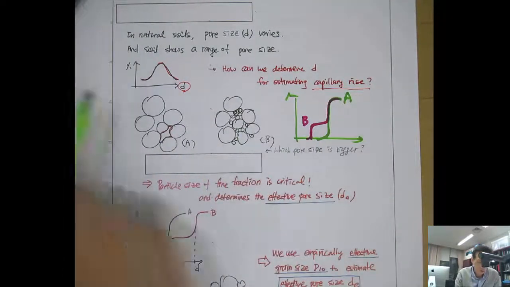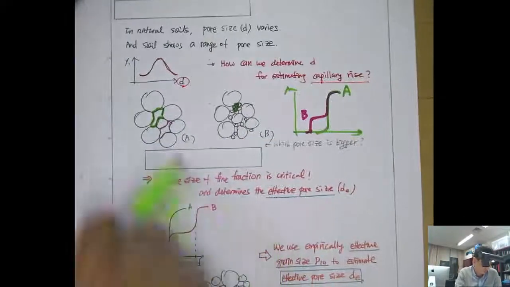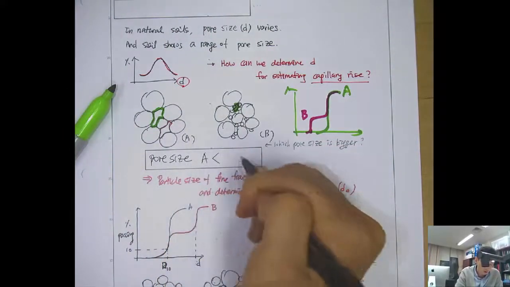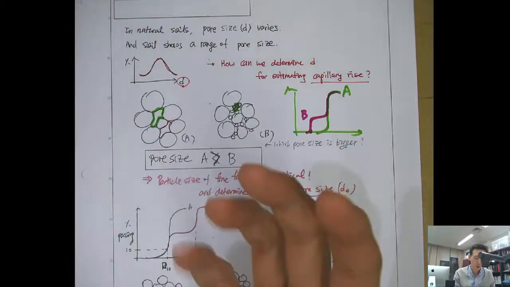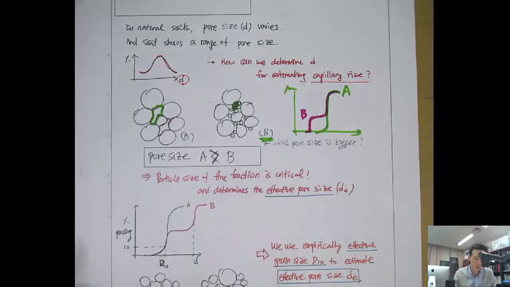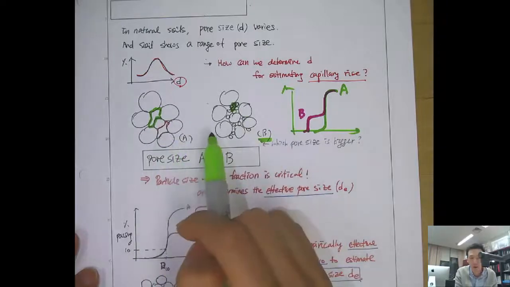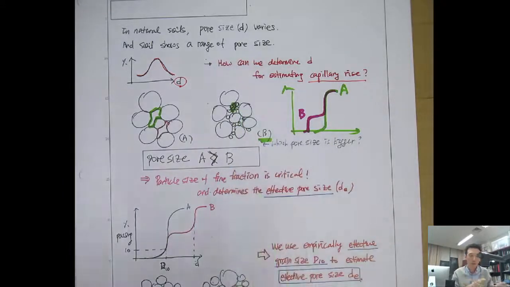When you look at the pore size, B's is much smaller than A's. So the pore size of A is larger than that of B, and the capillary rise will be higher in soil B. From these two extreme cases, you can see that the small particles filling the large voids determine the actual or effective pore size.